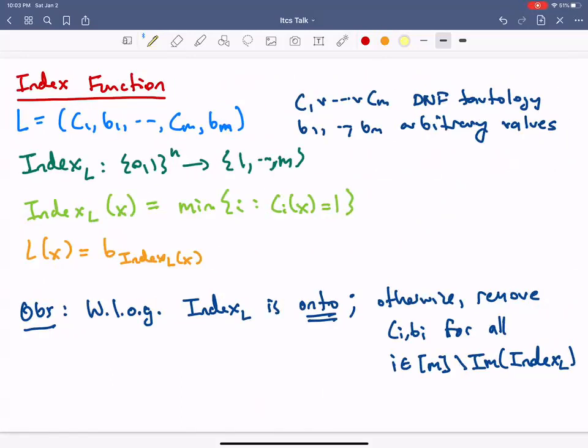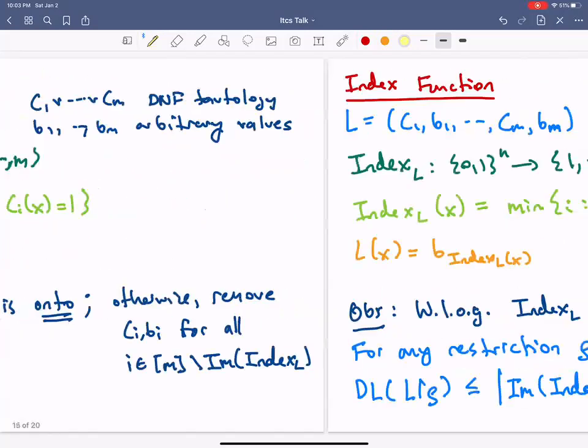One observation is that without loss of generality, we can assume that the index function is surjective, onto. Otherwise, you could simply delete from L any pair Ci/Bi where i is not in the image of the index function. In doing so, you'll still have a DNF tautology, and you'll be computing the same function.